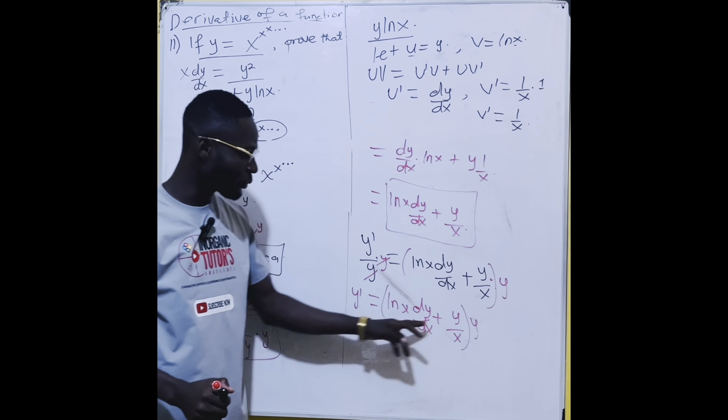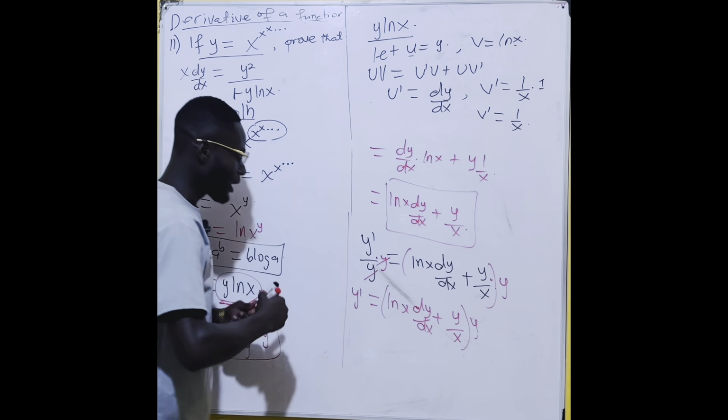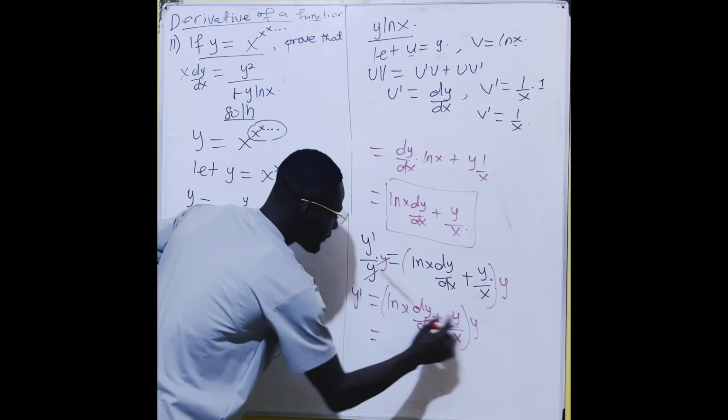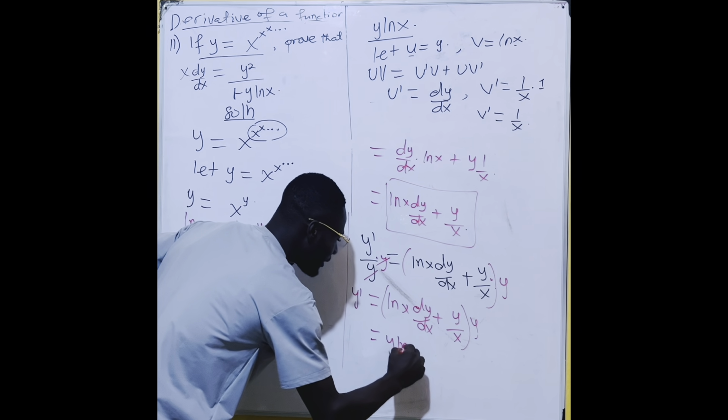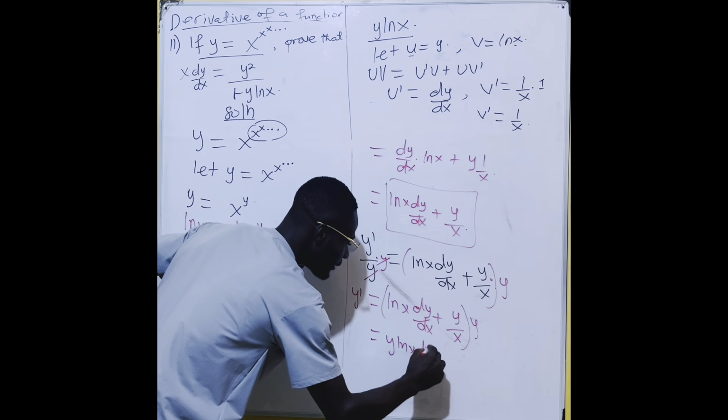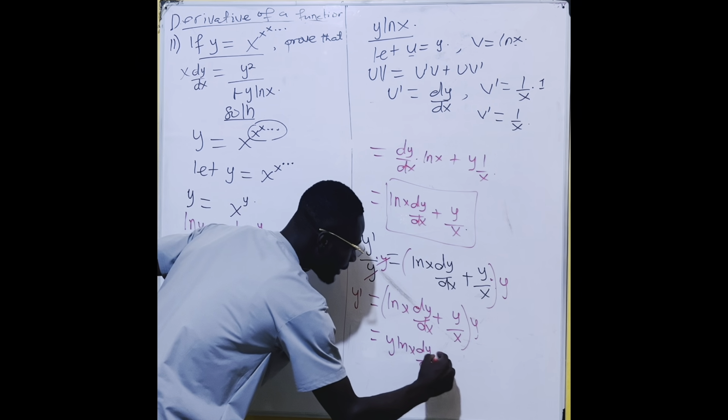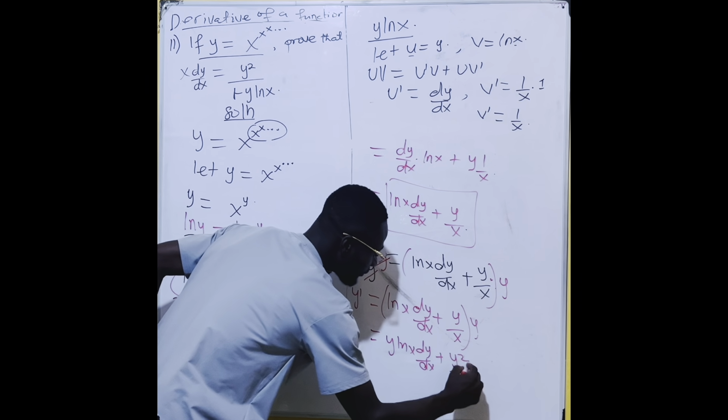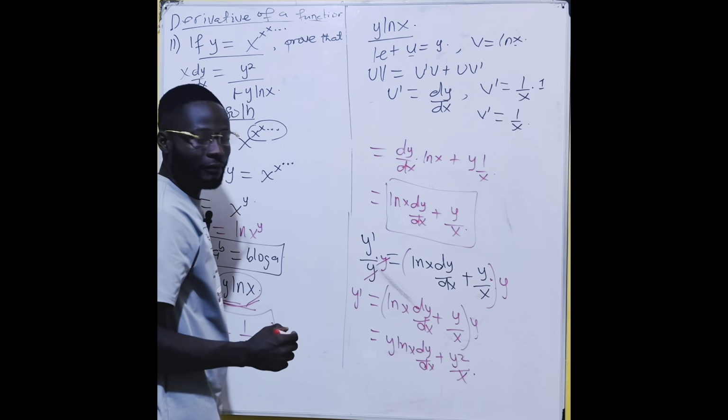We can spread this y throughout the brackets to have y ln x dy/dx plus y squared over x, right?